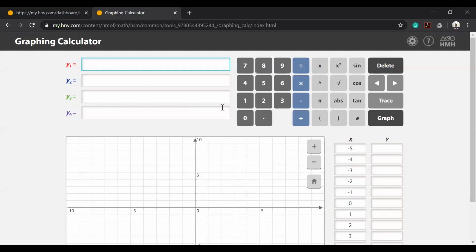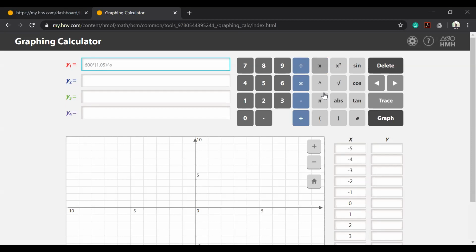Okay, the first equation was 600 multiplied. You have to put the multiply sign in here because the calculator doesn't understand a bracket right away. Then I put a bracket, 1.05, close the bracket, to the power of x.